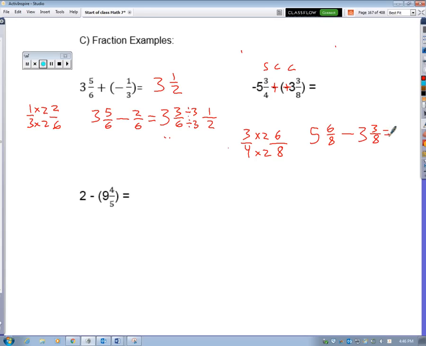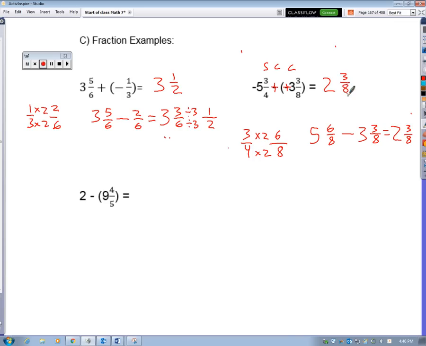Okay, so that's going to equal, let's see, take away my whole numbers, I end up with 2. Take away my numerators, I end up with 3/8. Alright, now check if we can simplify, and we can't. There's nothing that we can divide both 3 and 8 by. So now my answer becomes 2 3/8.